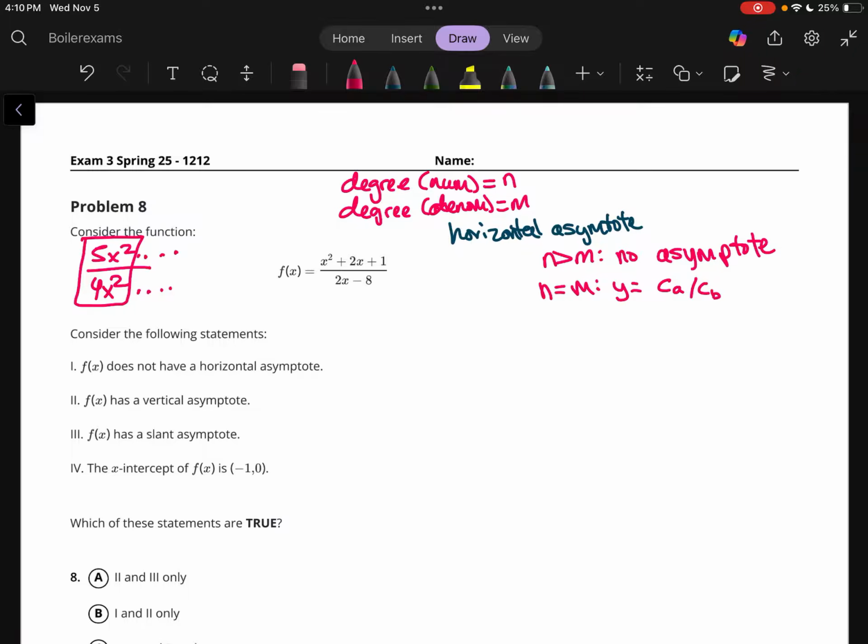And the horizontal asymptote in that case is the ratio of their coefficients, which for this made-up example is 5/4. Okay? And then the last case is when the numerator degree is smaller. In that case, the asymptote is 0. Okay, so for this function, the degree of the numerator is greater than the degree of the denominator, so there's no horizontal asymptote, which means that statement 1 is true.